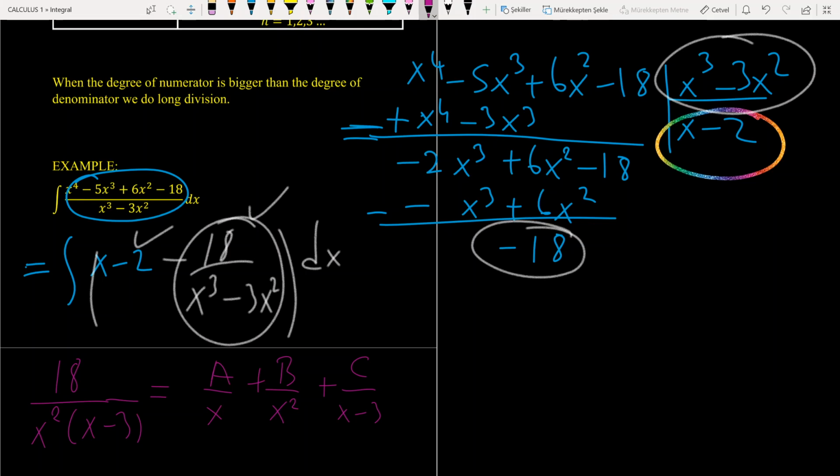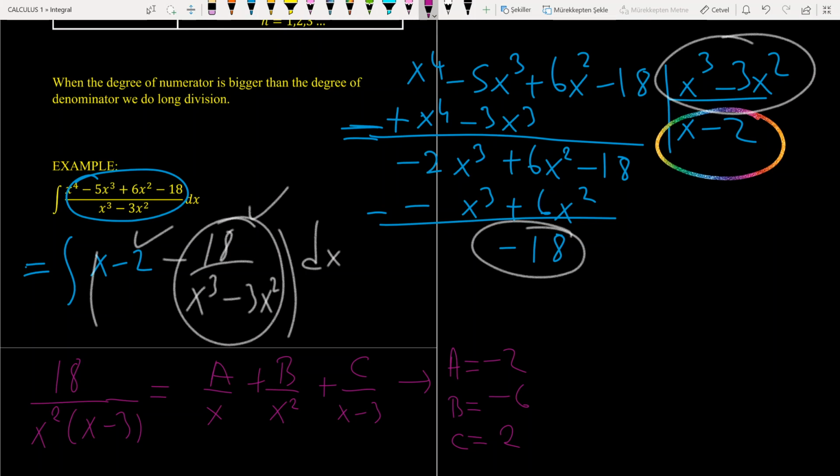If you make denominators equal to each other, you will find A, B, C. A is minus 2, B is minus 6, C is 2.